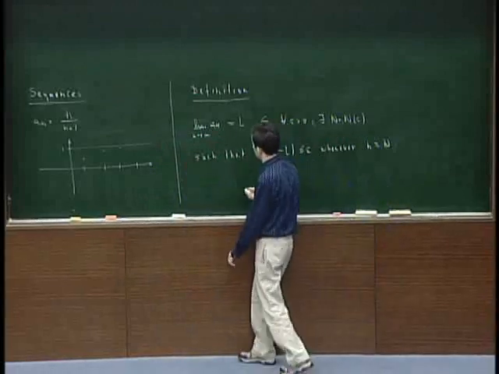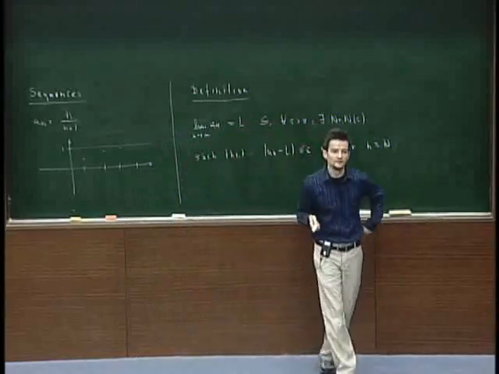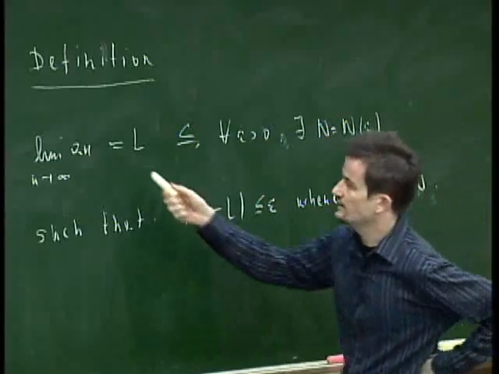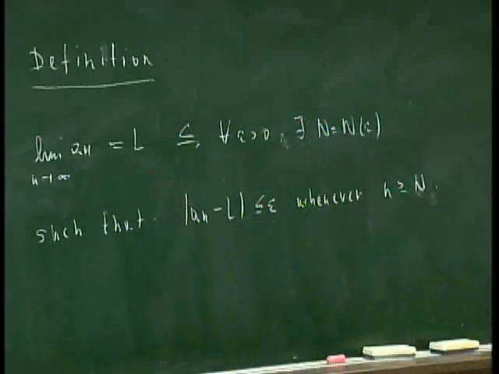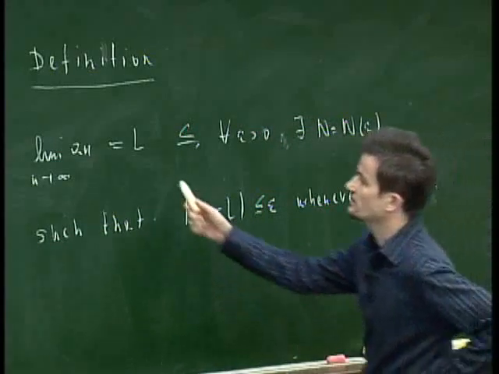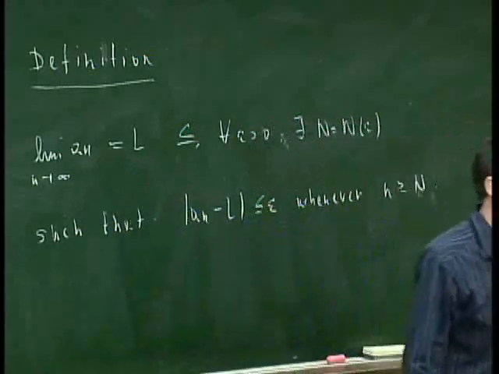Now, you also know from high school that if such a limit exists, we will say that the sequence is convergent, and if the limit does not exist, the sequence is called divergent.